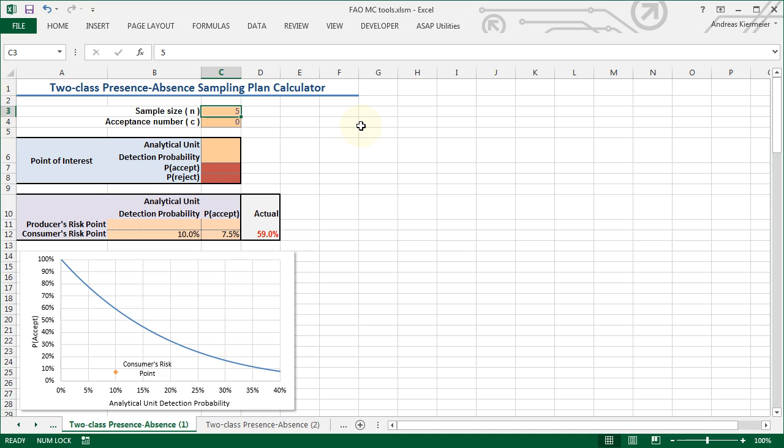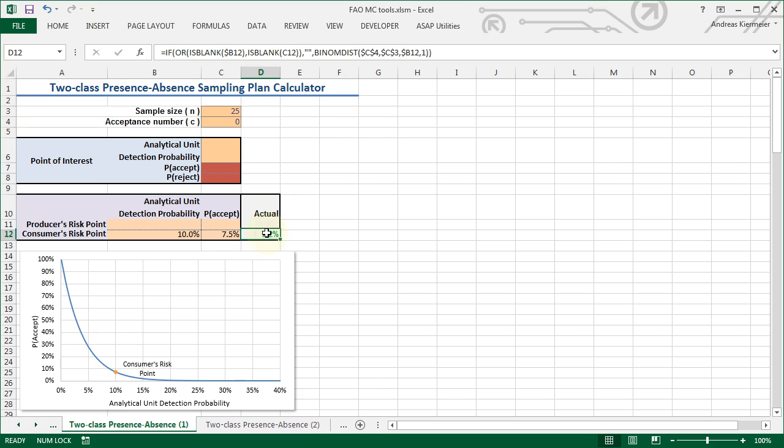By trial and error, we might increase the sample size to 10, 15, 20, 25, and you notice that at this point the actual probability here has turned green because it's now less than the associated probability of acceptance specified as part of the consumer's risk point.